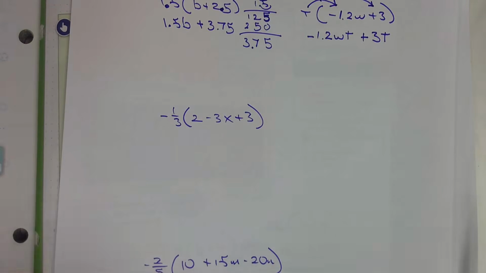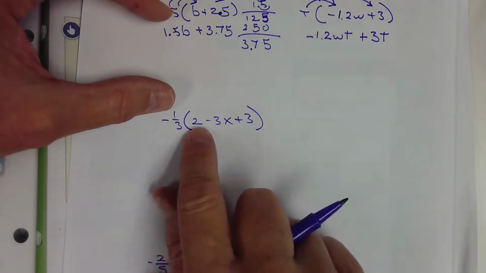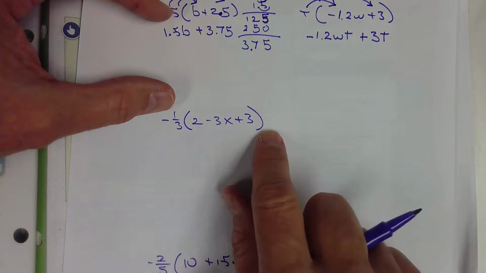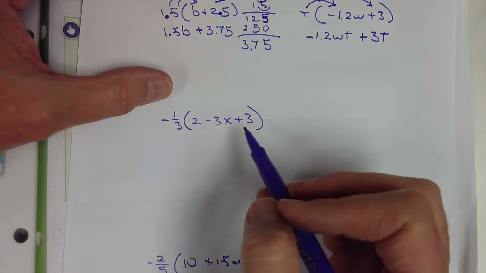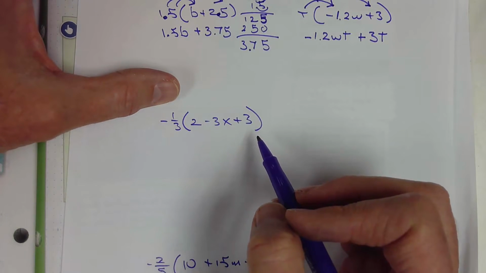Miss Brewer, how would you set this one up? Now there's not just two things, there's three things in here. Yeah, I know. So just tell me what to do for starters. What's the first step? Multiply them.